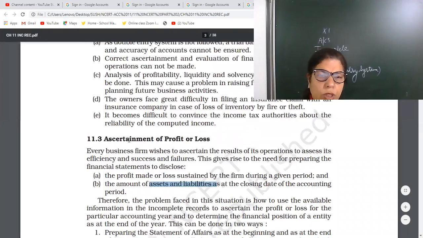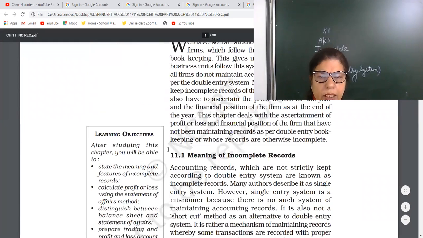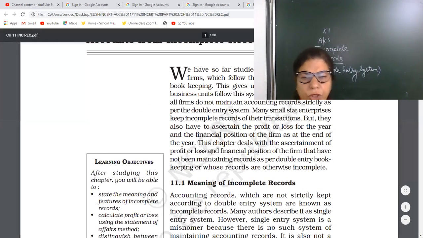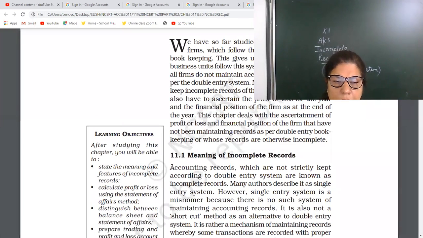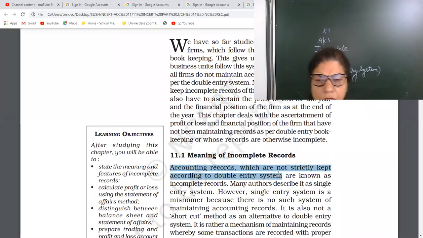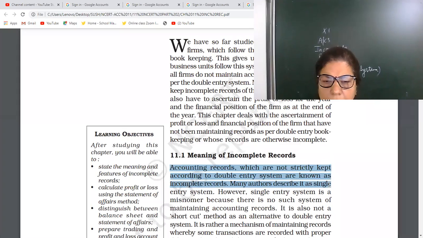Now come to the theory part again. Today we completed the theory part of this chapter, that is, the meaning of incomplete records. Incomplete records are those records which are not strictly kept according to the double entry system.